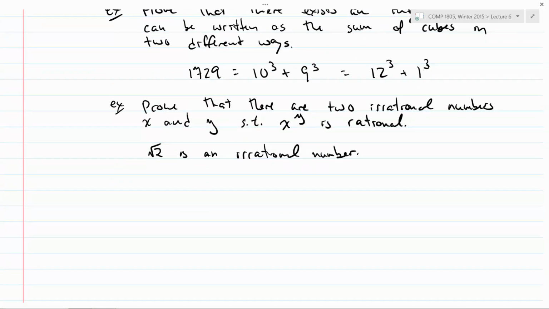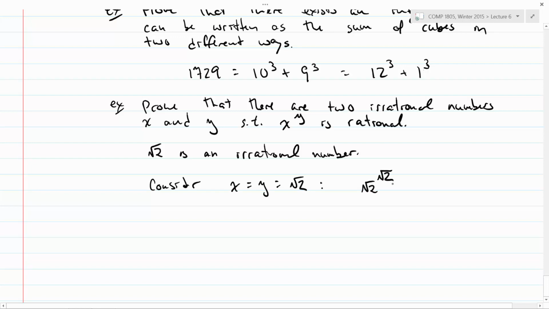So I want to look at x equals y equals root 2. In that case, I have root 2 to the power root 2. Is that rational or irrational? It's not clear, right? I mean, it is either rational or irrational. It has some concrete answer. But I don't know just by looking at it.